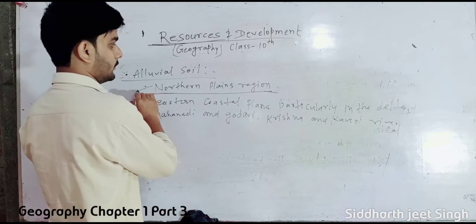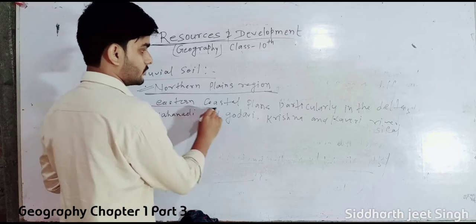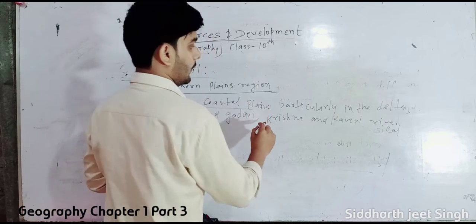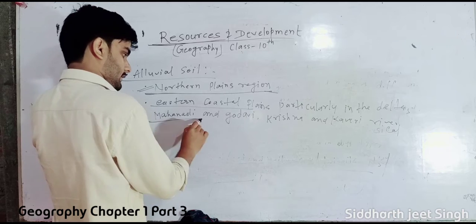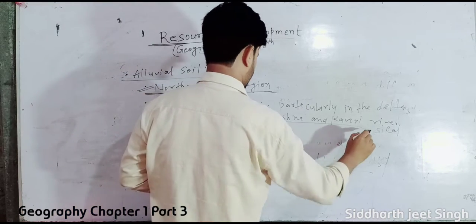We see here that the northern plains are mostly made of alluvial soil, and also the eastern coastal plains, particularly in the deltas of the Mahanadi, Godavari, Krishna and Kaveri rivers.